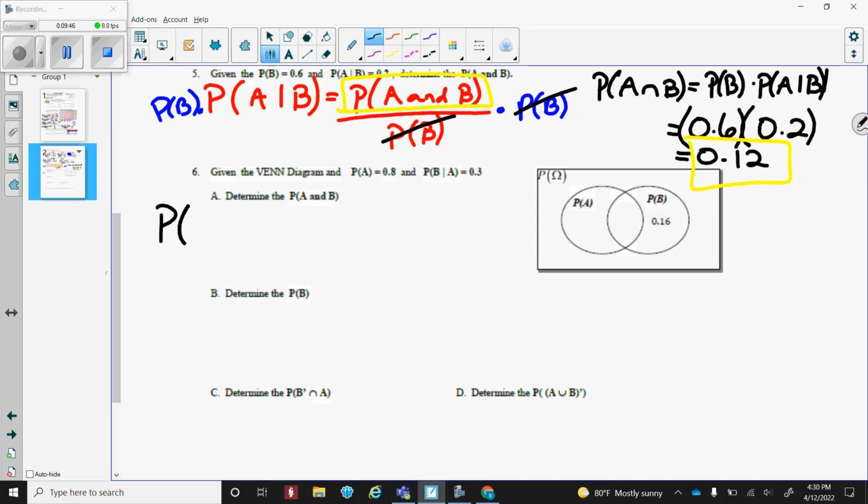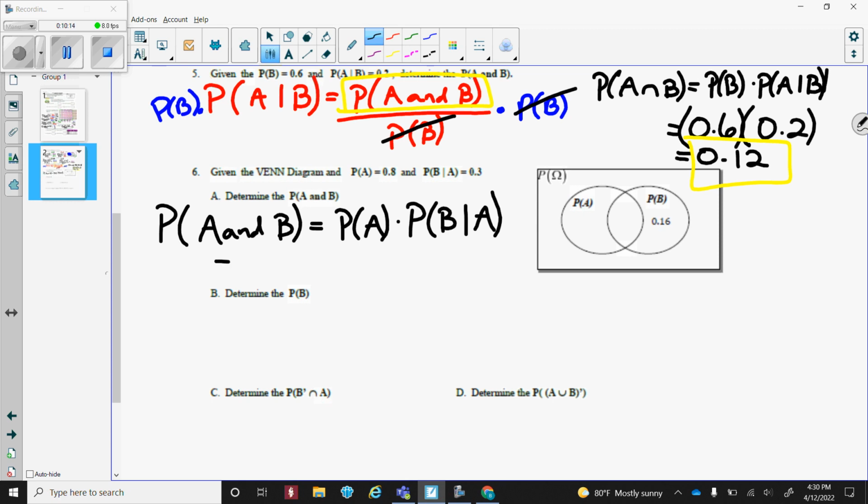The probability of A and B, so I'm already solving for this A and B to be by itself, is equal to the probability of A times the probability of B given A. And if you want to go through all the work we did for question 5 to double check that, you are more than welcome to. But this is the equation that we're looking at.